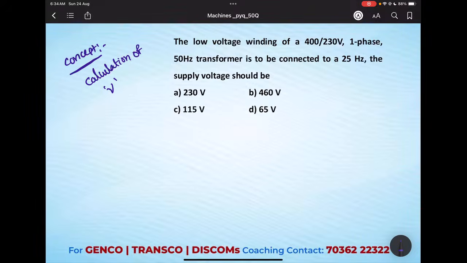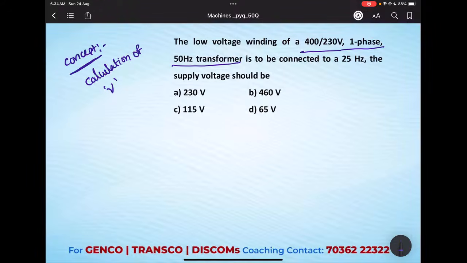How can we calculate the voltage when frequency is given? Whenever frequency and voltages are given, we need to ensure what type of operation is happening in the transformer. They are telling the 400 by 230 volt single phase 50 Hz transformer. That means the transformer is designed for 50 Hz and voltage is 400 by 230 volts.